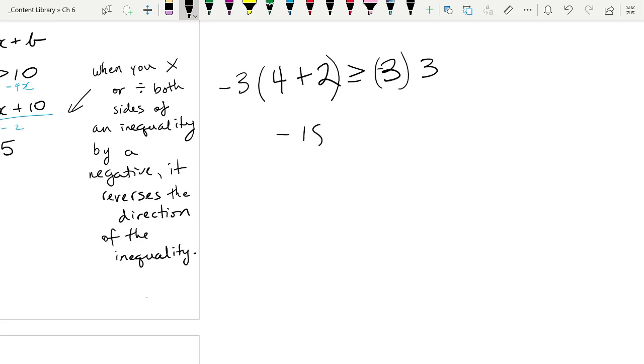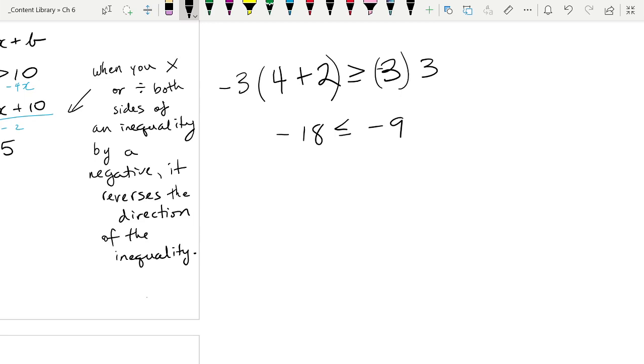Is -18 greater than -9? No, the statement's false. The only way for the statement to retain its truthfulness is if, when I multiply by a negative, I flip the inequality. That is the way inequalities work. When you multiply or divide both sides by a negative, you have to flip the sign.